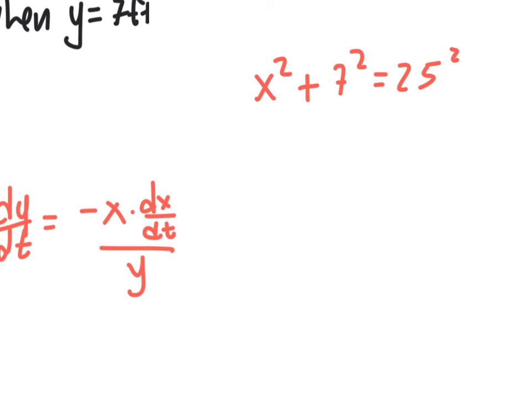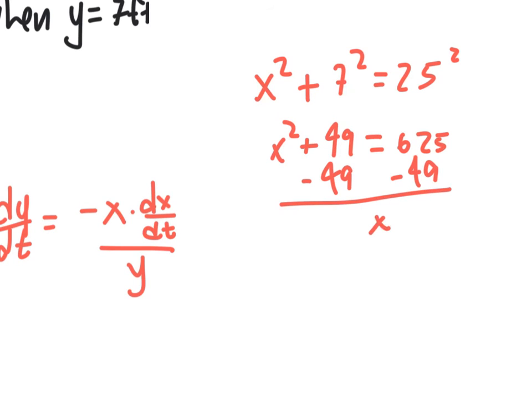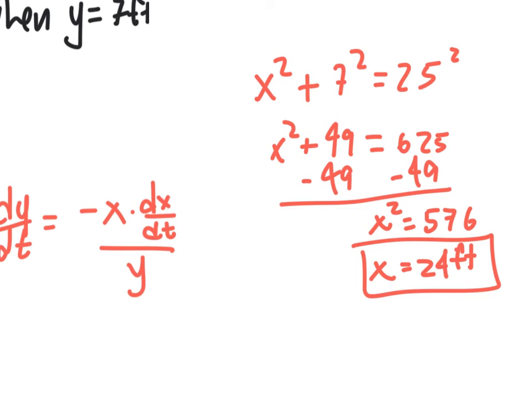If you remember your Pythagorean triples, we know that x is going to equal 24. So I get x squared plus 49 is equal to 625. If I subtract 49 from both sides, x squared is equal to 576, and if I take the square root, x is equal to 24 feet.